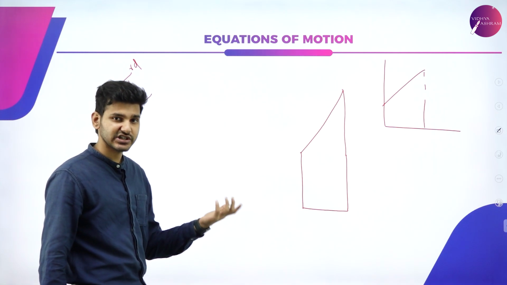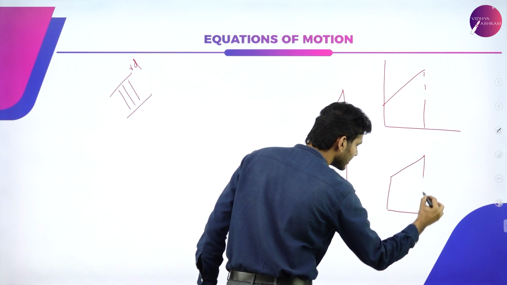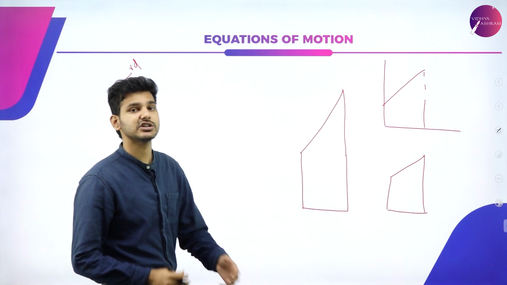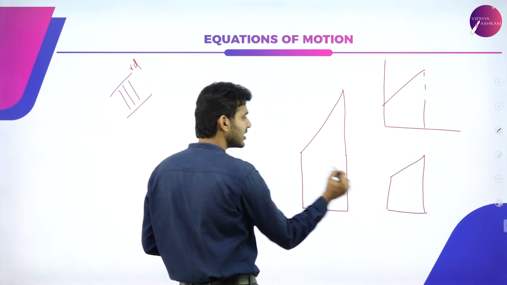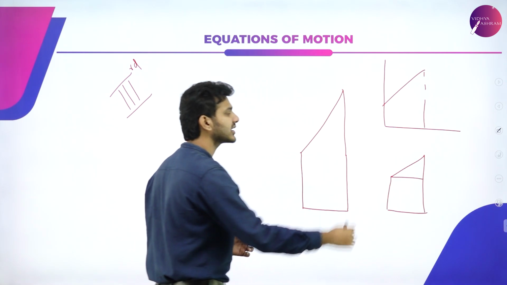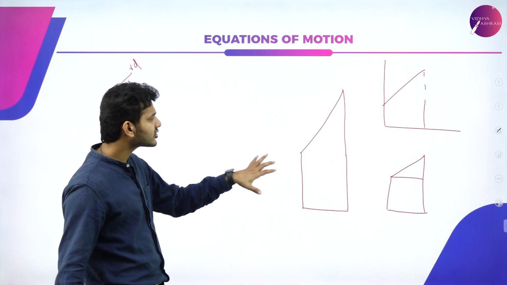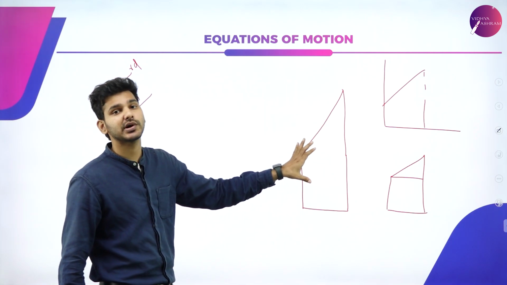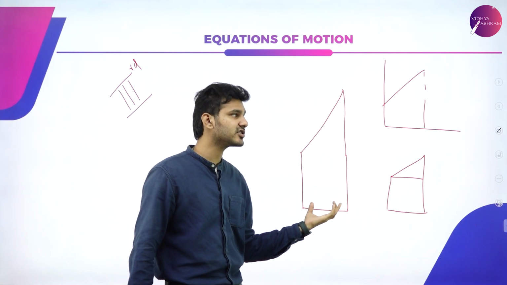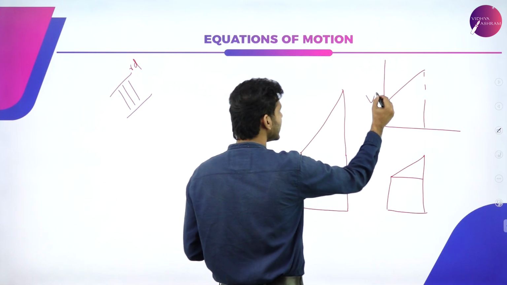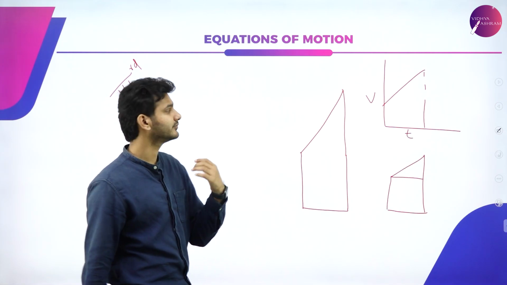So this particular shape is known as a trapezoid. That is, it will have a triangle on top and a rectangle sitting below that. So this particular shape is known as a trapezoid. And I told you before, the area under the velocity time graph will give you displacement.